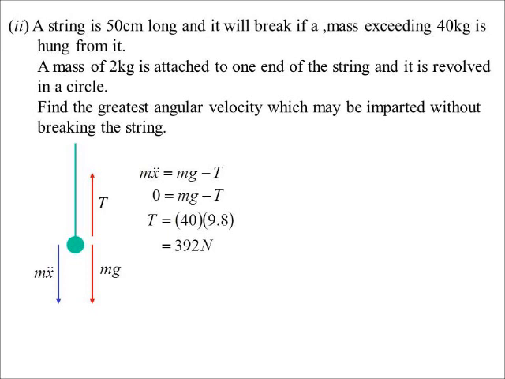Now, newtons is also kilograms metres per second squared. That's why it's easier just to say newtons. But if you see newtons, then we know the mass has to be in kilograms, length or distance has to be in metres, and time is in seconds. Right, so we know the string can handle 392 newtons.